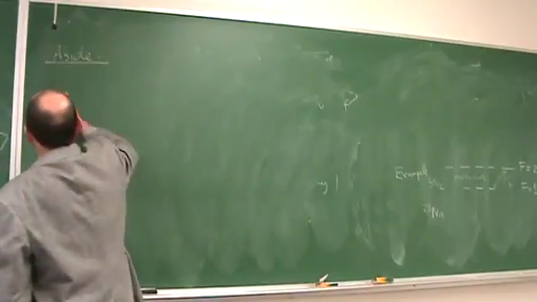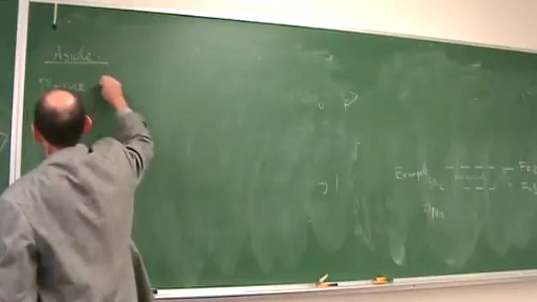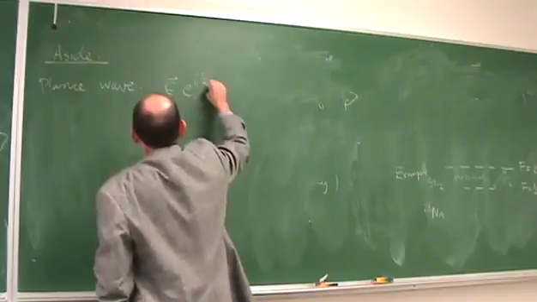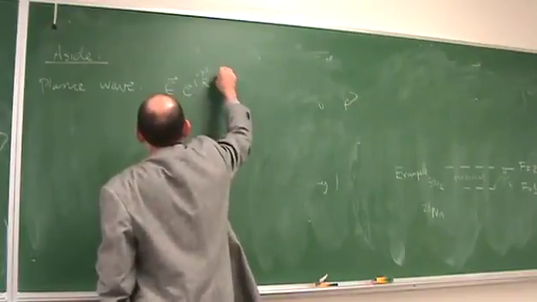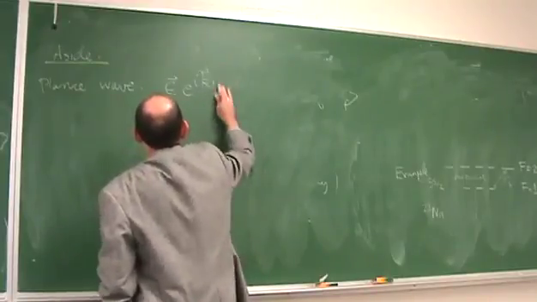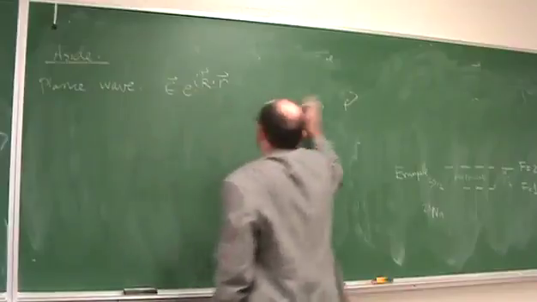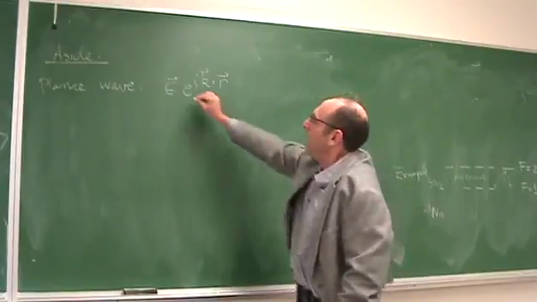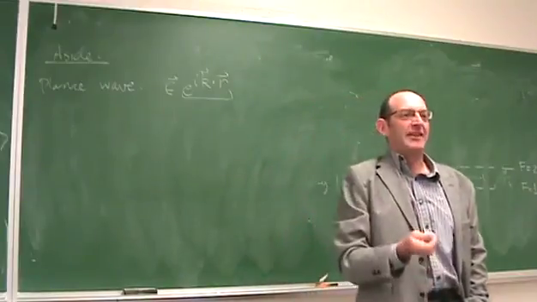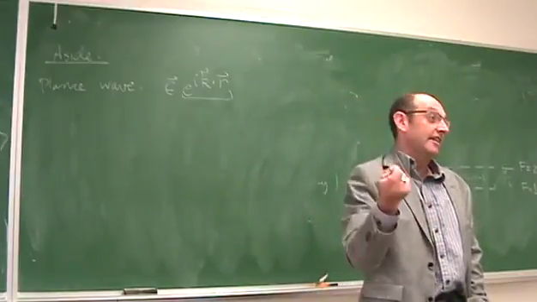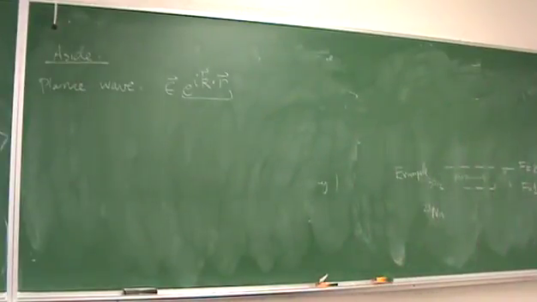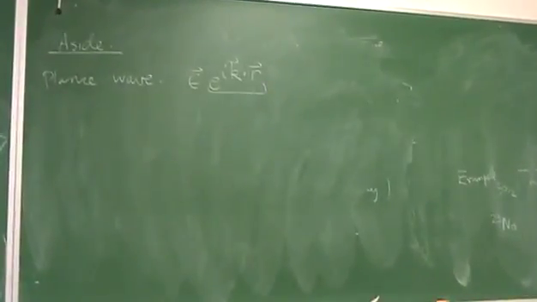So when I write down, let's say, a plane wave, a plane wave has a definite momentum. It is an eigenstate of the momentum operator. Momentum and angular momentum do not commute.